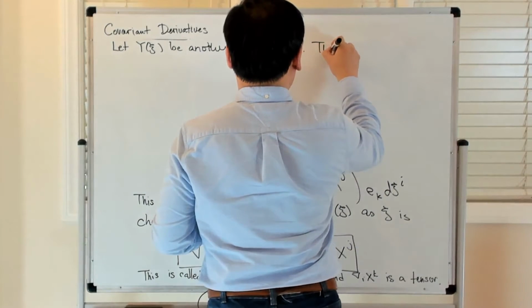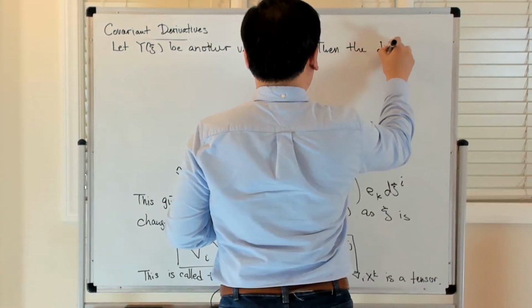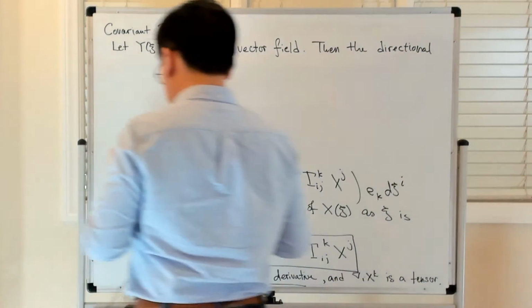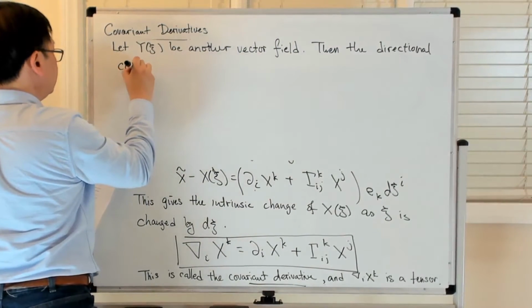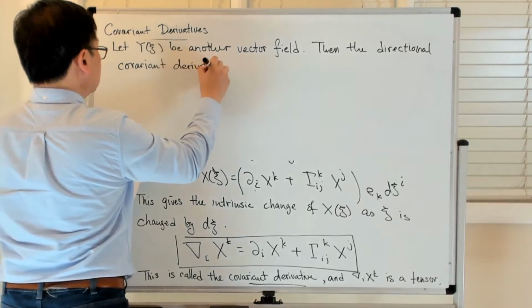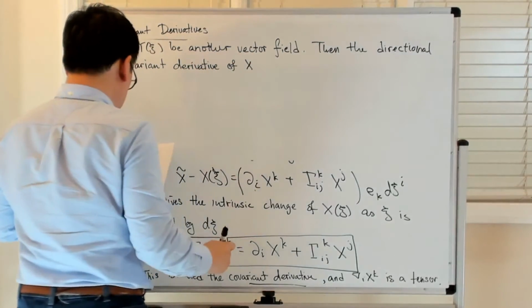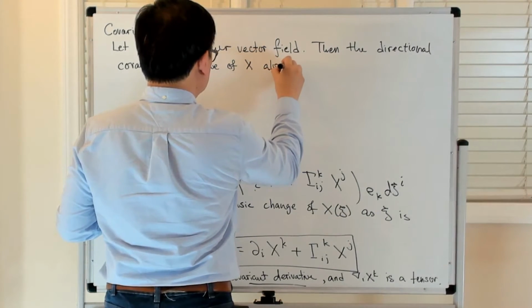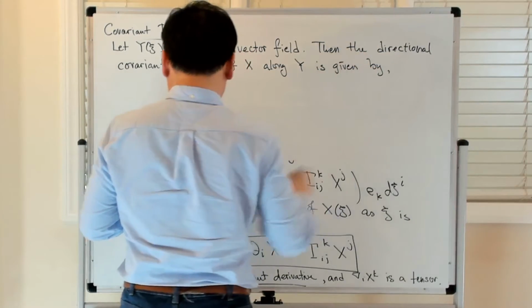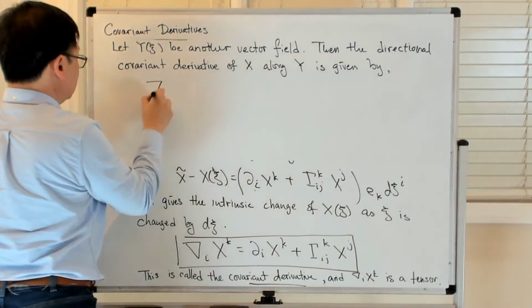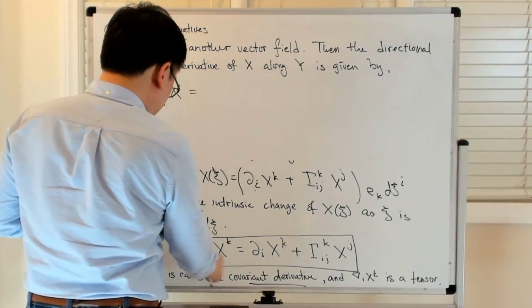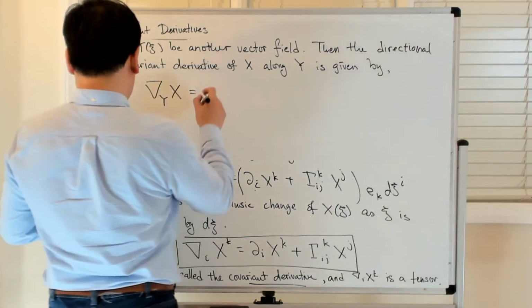And the directional covariant derivative of X along Y is given by the following. Okay, so nabla_Y X is going to be just this object contracted.